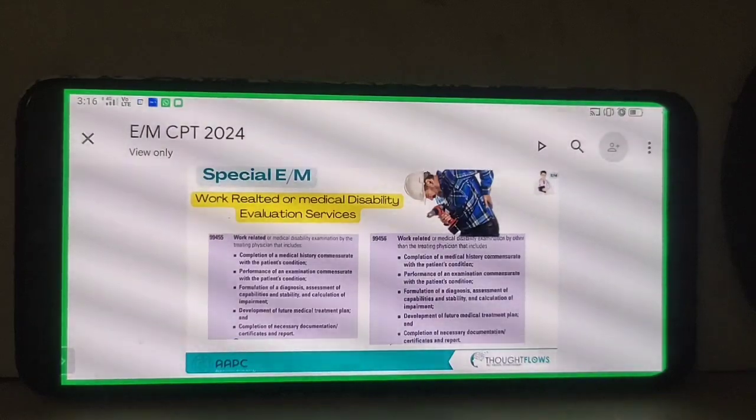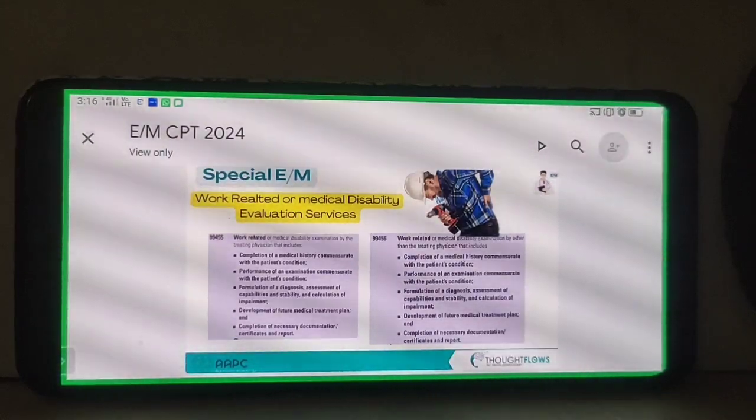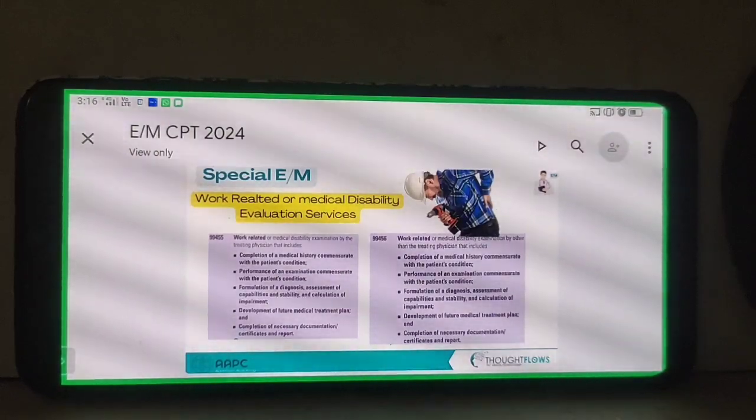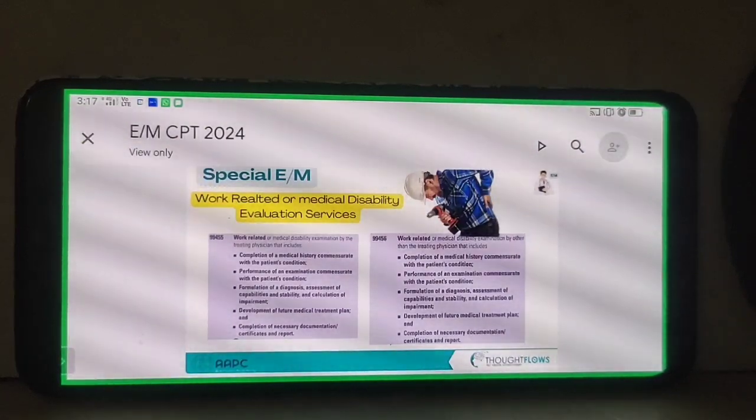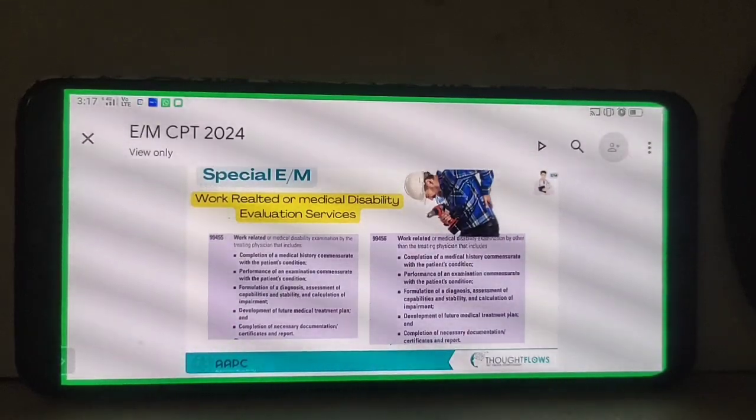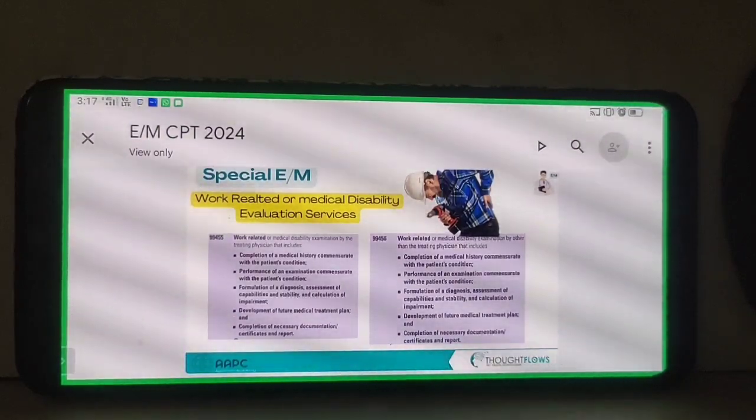Okay. You are a coder. If you are going to meet a doctor regarding some problem with your work, what type of service will be given to you? For medical coders and software engineers, and for drivers.